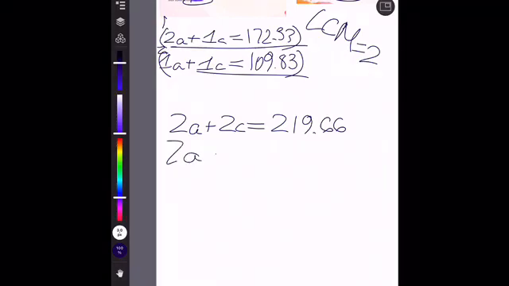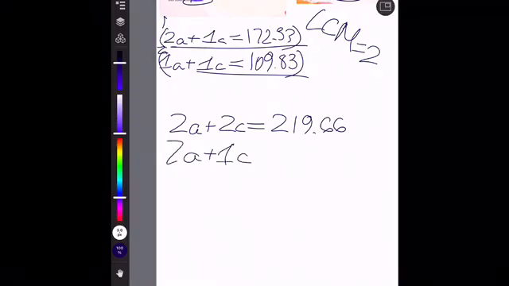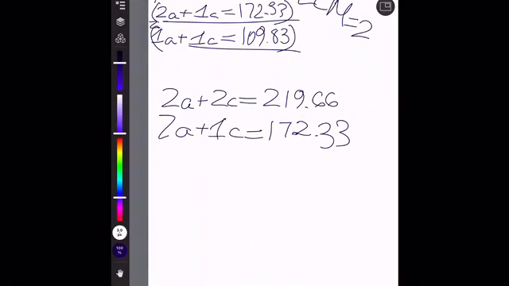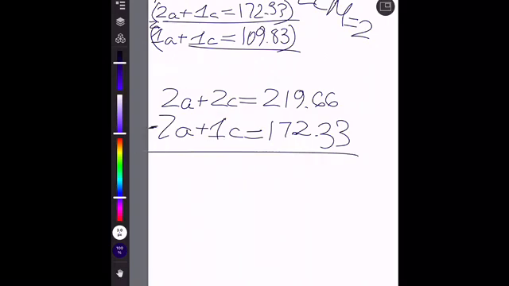So 2a plus 1c equals 172.33. Okay, so now what we need to do is we need to subtract these two equations. So this would be 0, it just cancels it out.